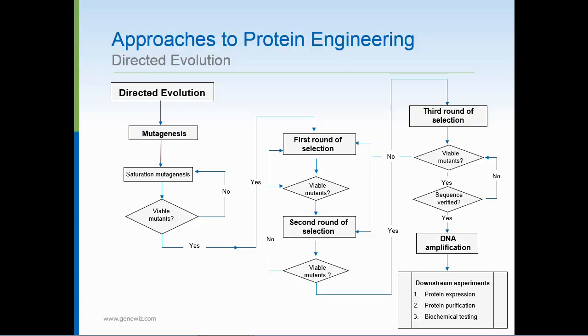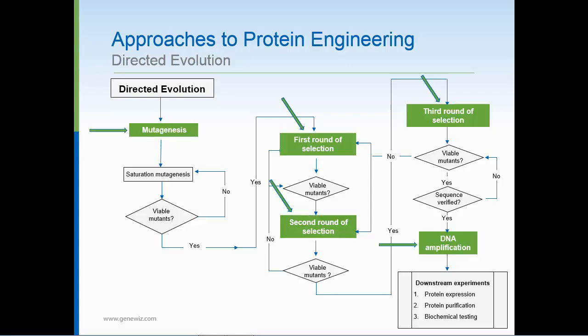Similar to the rational design, the generation of suitable mutants is the critical step here that can also be further divided into three parts, beginning with mutagenesis, followed by screening and selection, and finally DNA amplification.